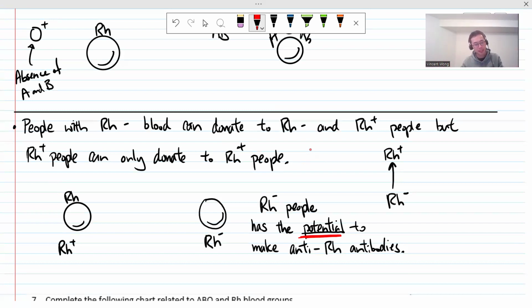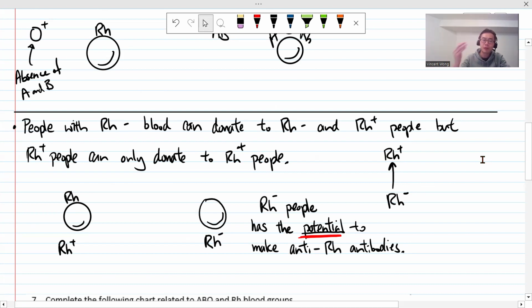For all intents and purposes, the person is pretty much born with the anti-A antibodies. If they're type A, they will be born with anti-B antibodies. That part is hopefully not too difficult to understand.